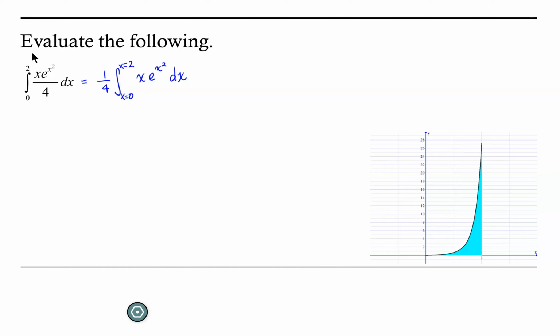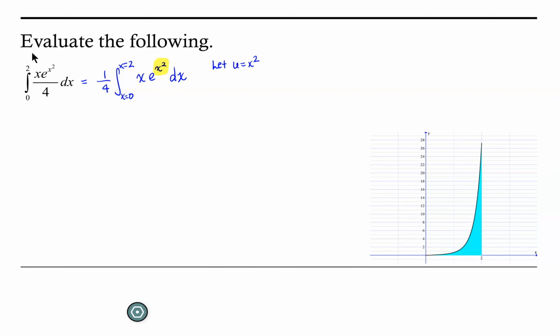So as I look at this particular integrand, I notice that I have a composition of functions where my exponent in the exponential function is x squared, and that gives me a clue to what I might want to do with regards to substitution. That is, I might want to let u equal x squared and see how this plays out. What kind of new integral, transformed integral, might this produce?